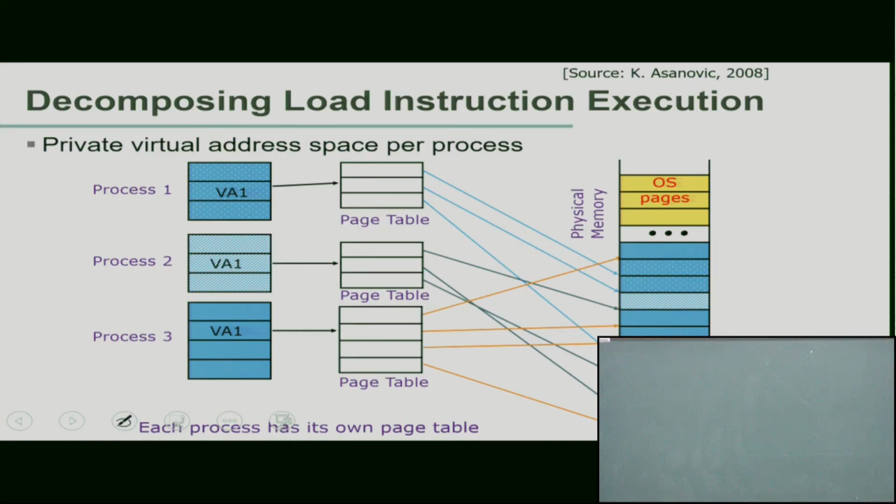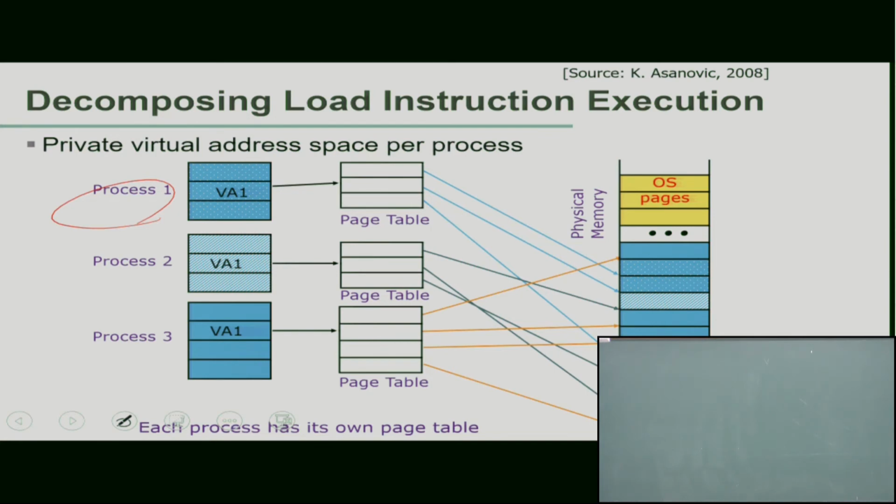By the way, we talk about the page table, and the page table is private to each process, meaning each process has its own page table. So if you run multiple processes or applications at the same time, each has its own page table, and it can be huge, because you can run tens or even hundreds of processes at the same time.